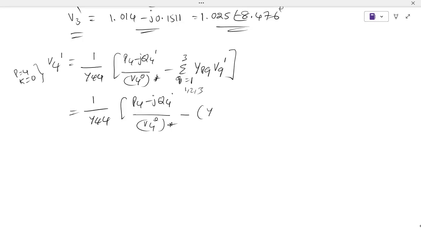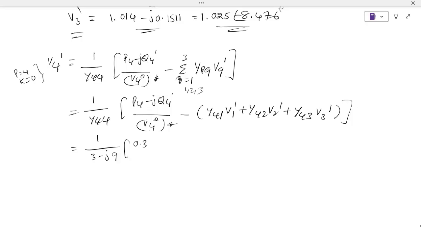Now Y41 V1(1), Y42 V2(1), Y43 V3(1). Okay, substitute all the values. 3 minus j9, P4 they have given 0.3, minus Q4 0.1.